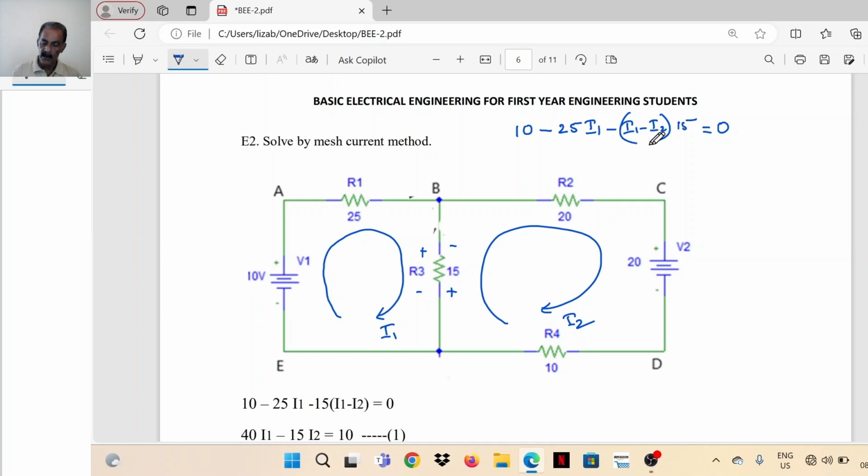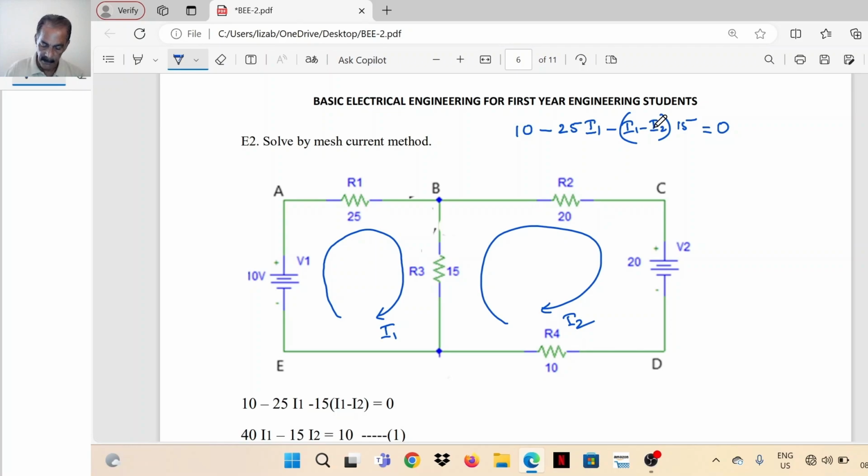If you expand this equation, 15I1 has a negative sign because it is a fall in potential, whereas 15I2 has a positive sign because it is a rise in potential. Or you can take the net current through that resistor as I1 minus I2 with a negative sign. So this is the first mesh current equation.